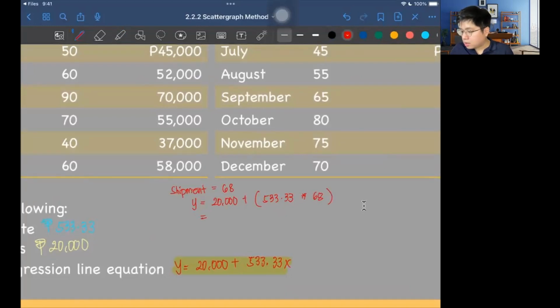That will give us the total fixed cost, which will still remain constant because it is within the relevant range, 20,000, plus 36,266.44. Our total cost, if the shipment is at the level of 68, is equal to 56,266.44.